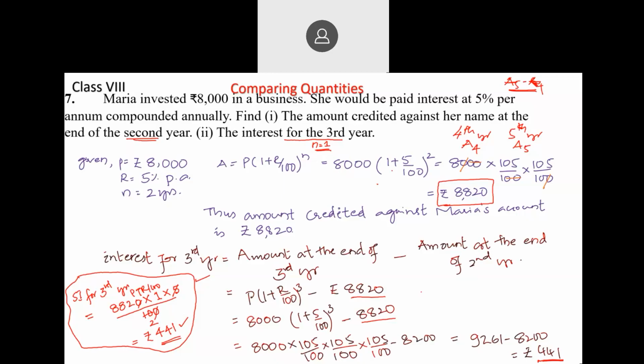Sir, there is a formula to find compound interest. Which formula? Sir, we have to multiply P into 1 plus rate upon 100 to the power n minus 1. Why this formula? To find compound interest.